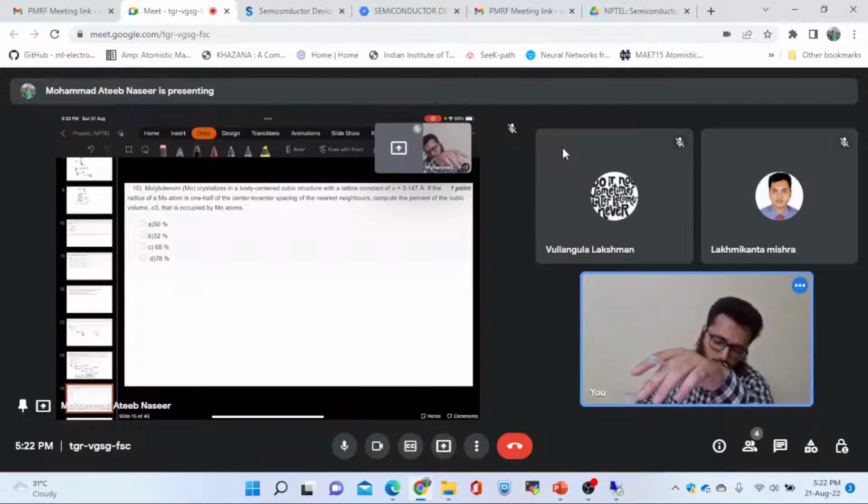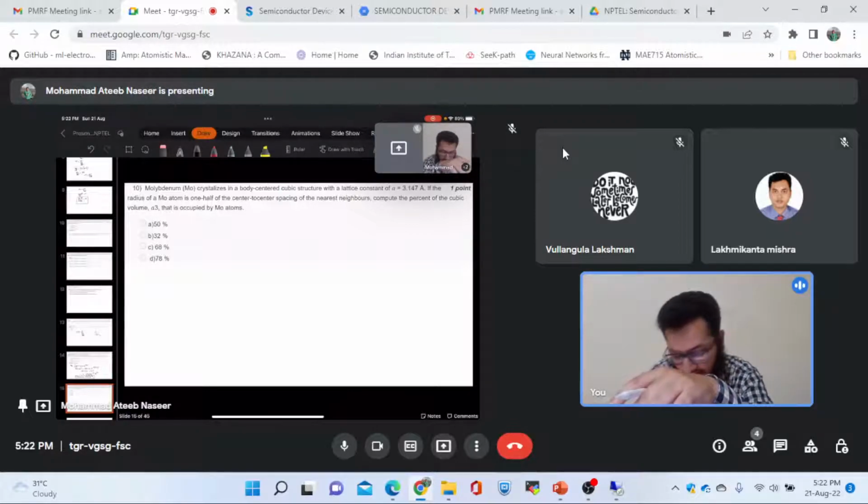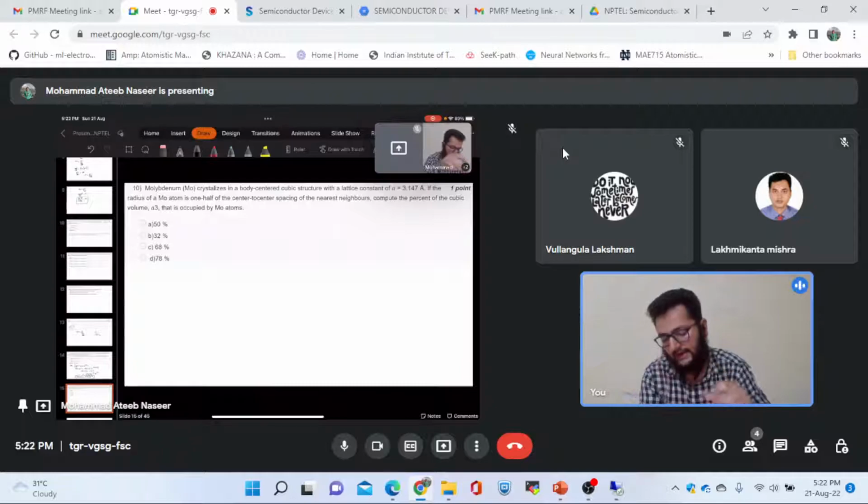So we are required to find the percentage of the cubic volume that these Mo atoms will occupy.